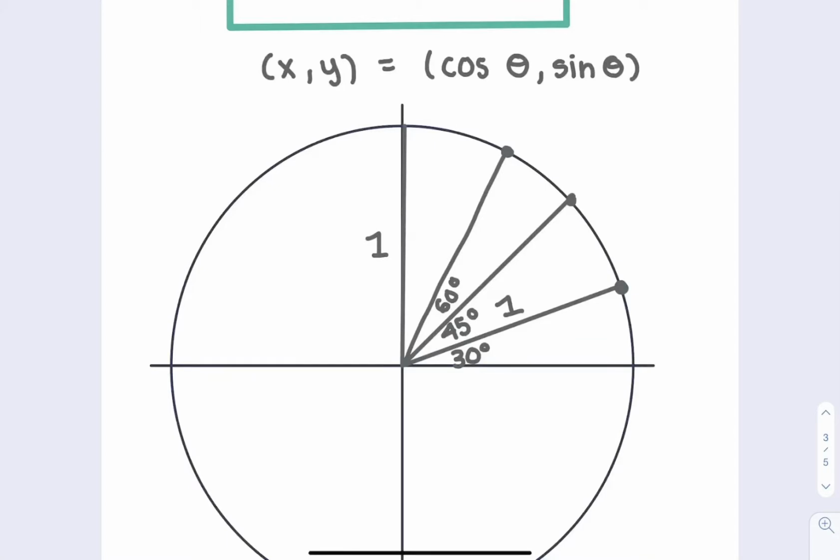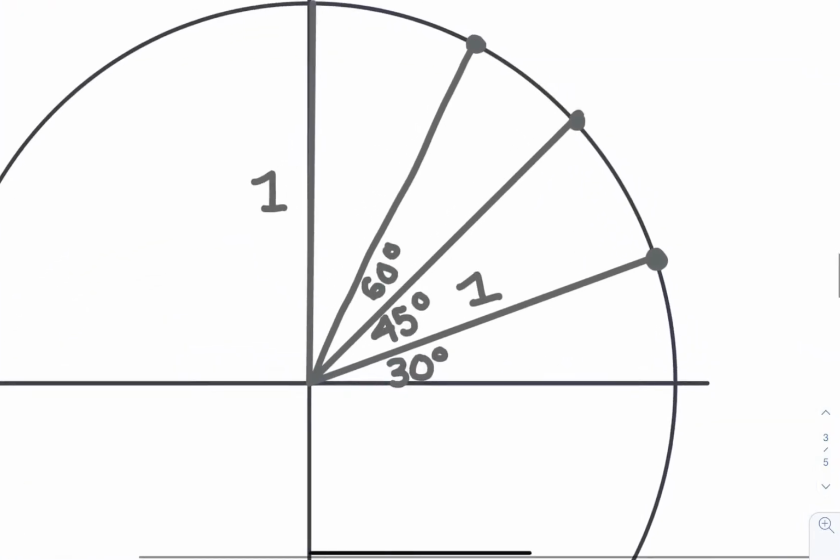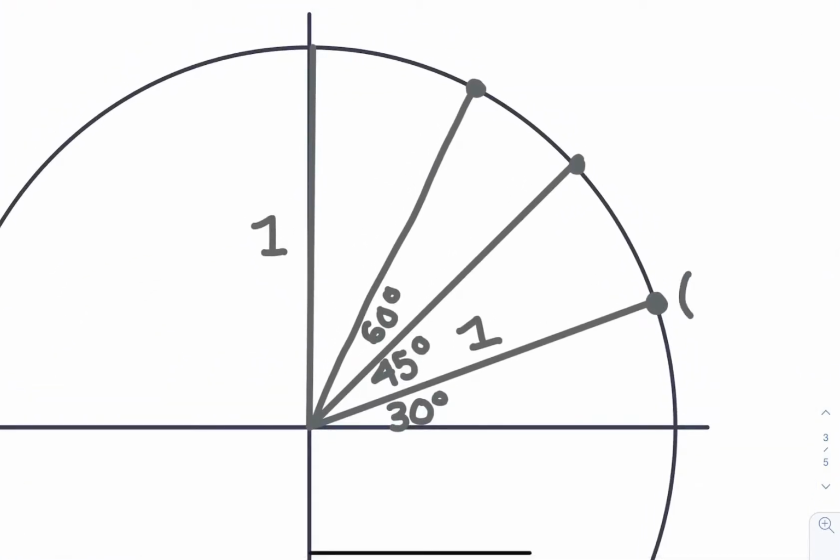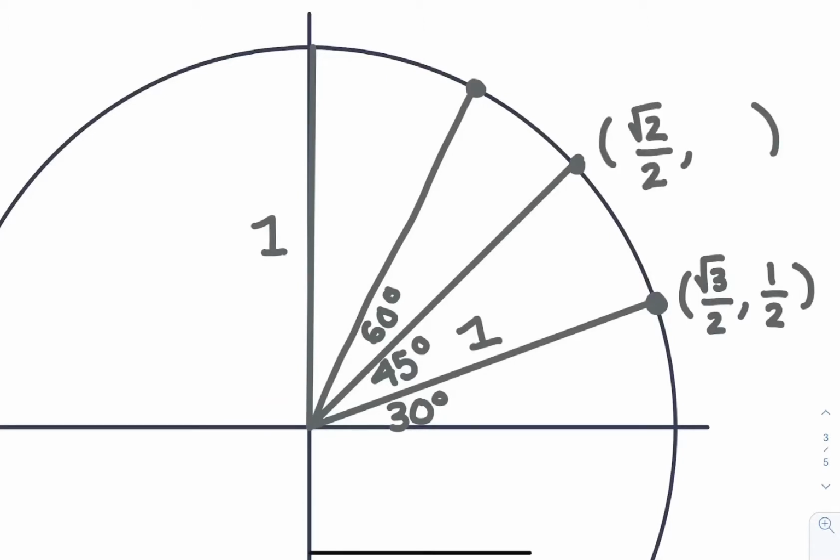So as it turns out, if we have a 30-degree angle, then the coordinate of this point you can figure out is square root of 3 over 2, comma 1/2. A 45-degree angle, this point on the circle, turns out to be square root of 2 over 2, square root of 2 over 2.